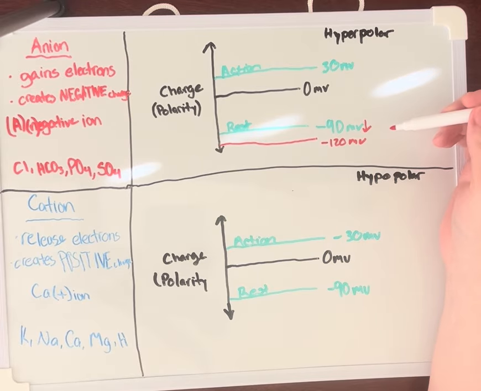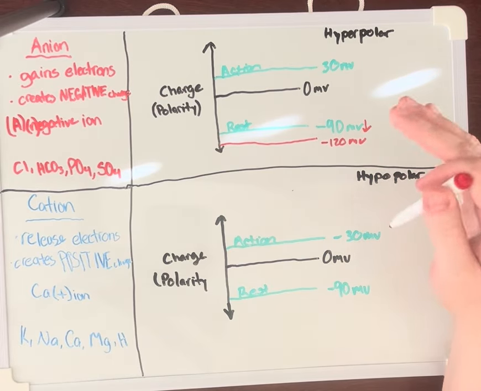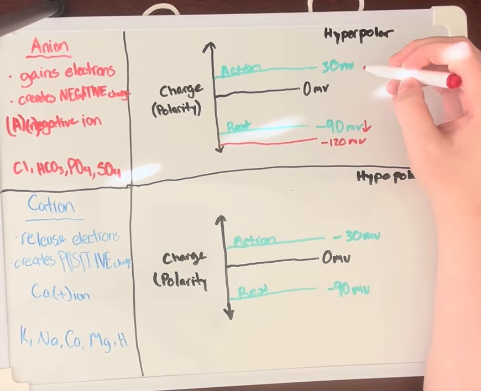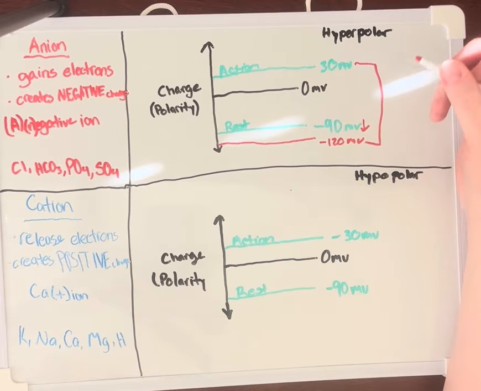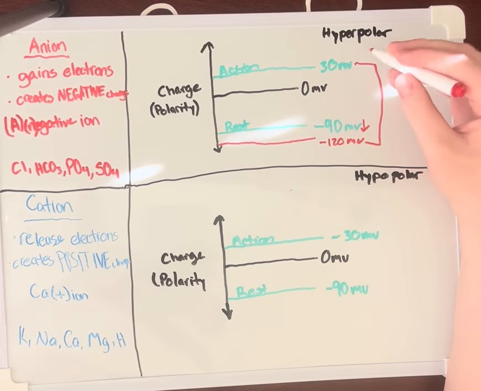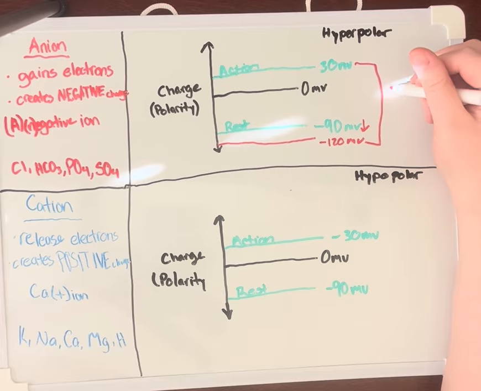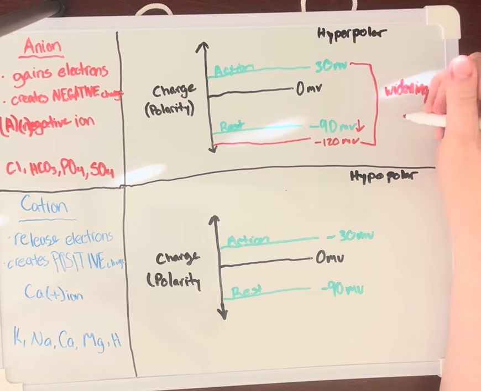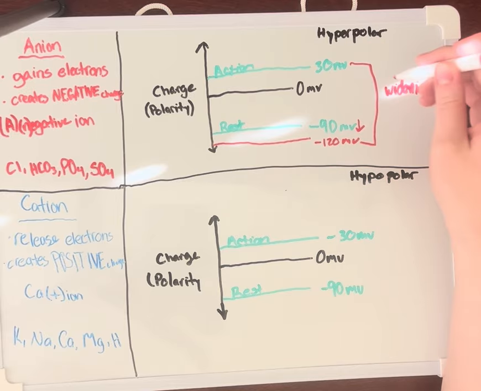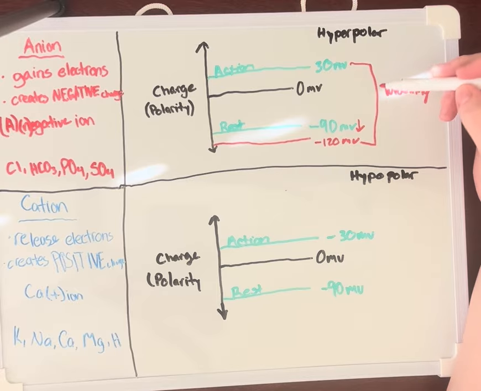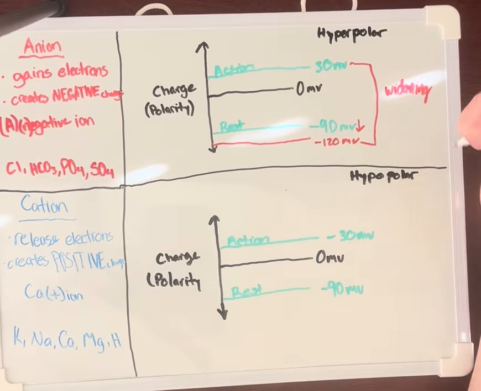And the biggest reason that it is hyperpolar versus hypopolar is because if you look at this gap, this action potential gap is what I'll call it, I don't know if that's what it's called, but this gap is widening, right? Or it's getting bigger, or it's hyper, right? So it's hyperpolarizing because the difference between the resting potential and the action potential has become greater.